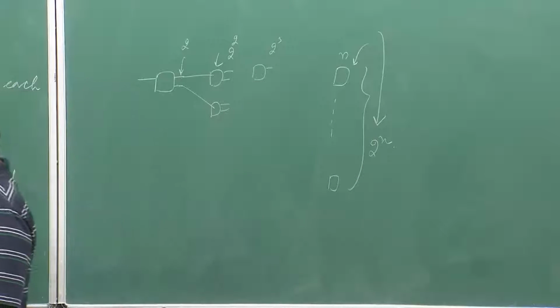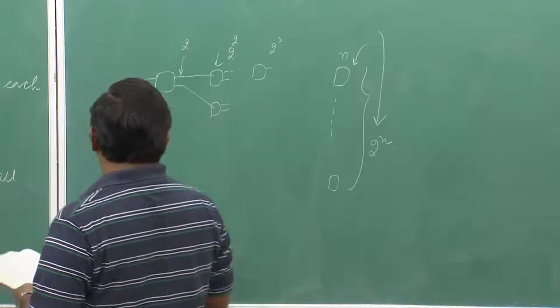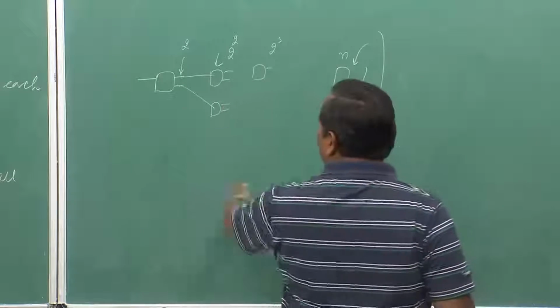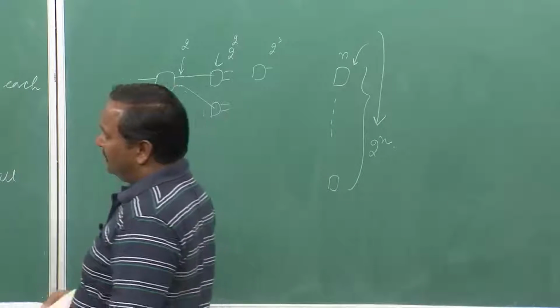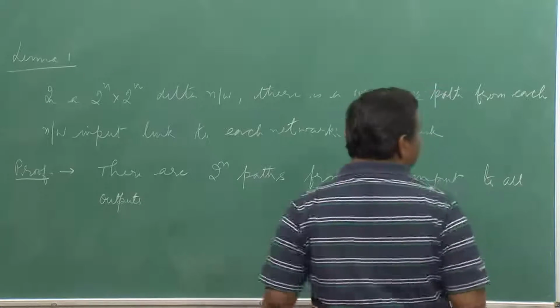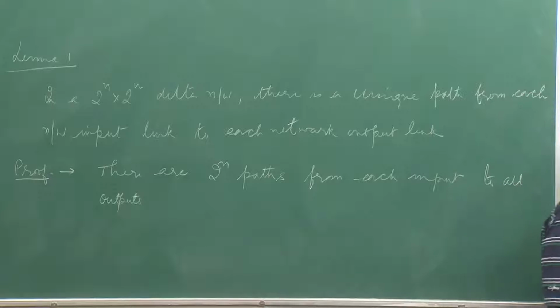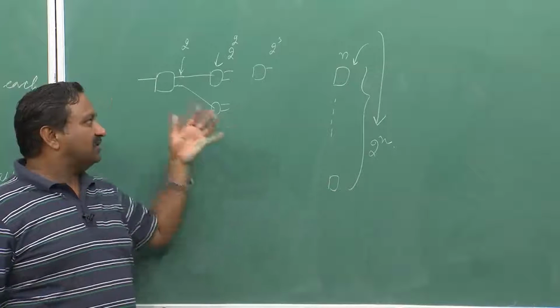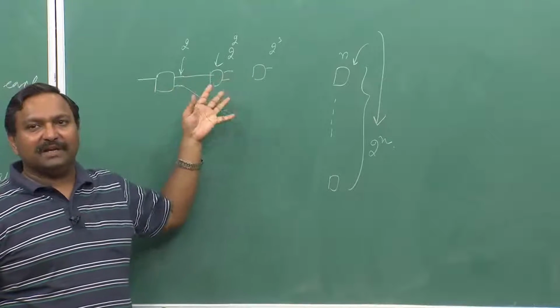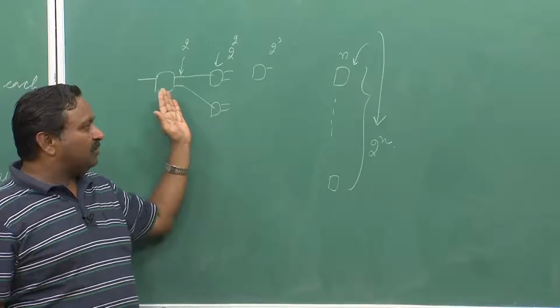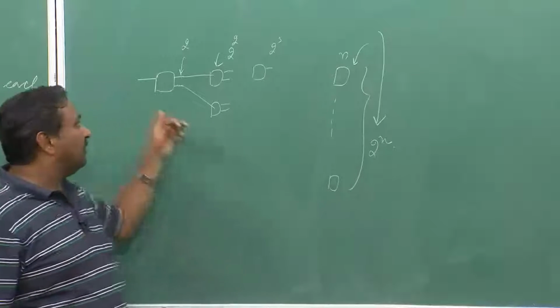Okay. So, there are only 2 raised power n possible outgoing ports, and there is going to be exactly one path from each input to each output. Okay. So, that is from this input there is going to be exactly one path to each one of the outputs, because every time I can only fork out onto 2 things and I am creating a new path. So, I am able to generate only 2 raised power n paths from an input.